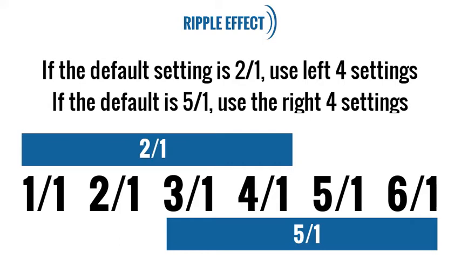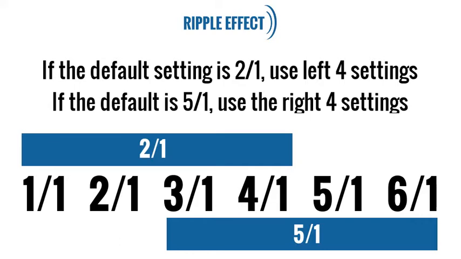If the default setting was 2-1, and it was telling us that the market was favoring shorter moves, then we would be using the settings that monitor the shorter moves of 1-1, 2-1, 3-1, and 4-1. When you get to the end of that ripple or succession, for example, if we're doing the 5-1 here, so it is the 3-1, 4-1, 5-1, 6-1.